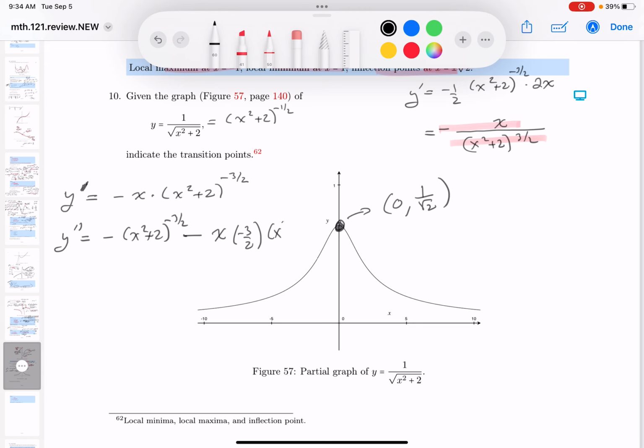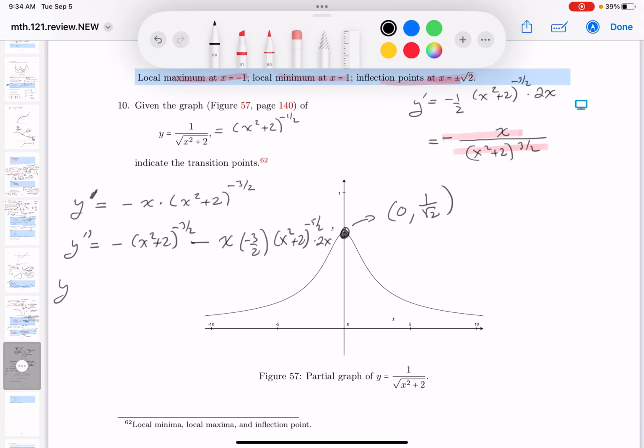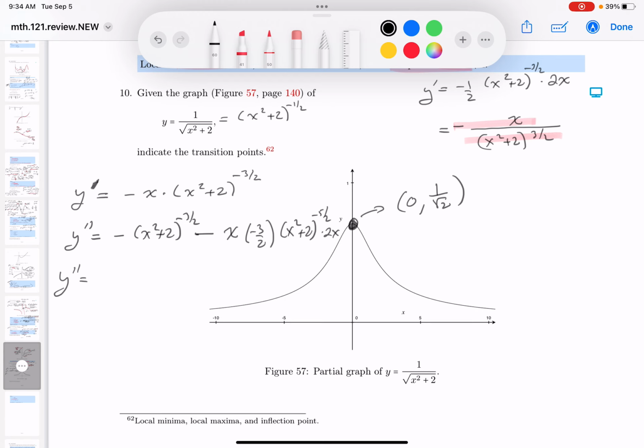And then (x squared plus 2), I'm going to take 1 from that, so minus 5/2. And the derivative of the inside is going to be 2x. Let me clean it up a little bit, and I'm going to factor out (x squared plus 2) to the minus 5/2.